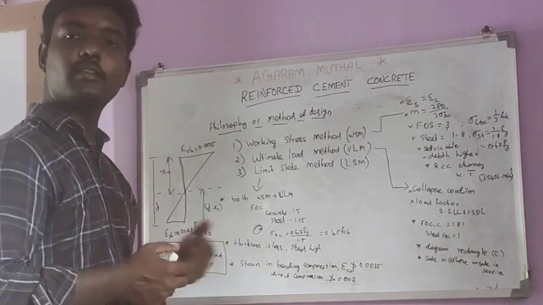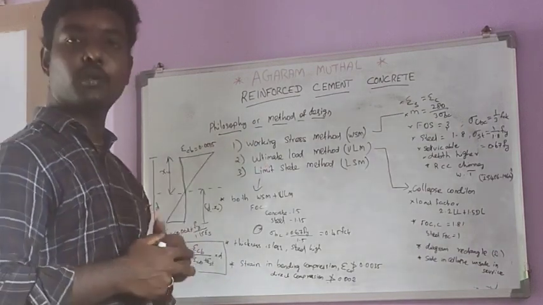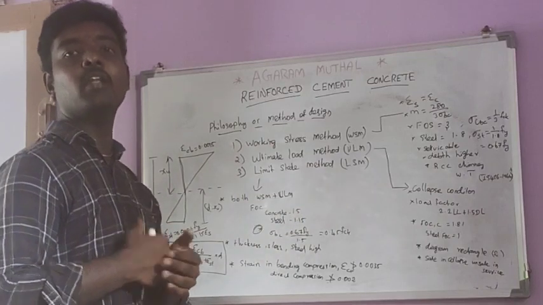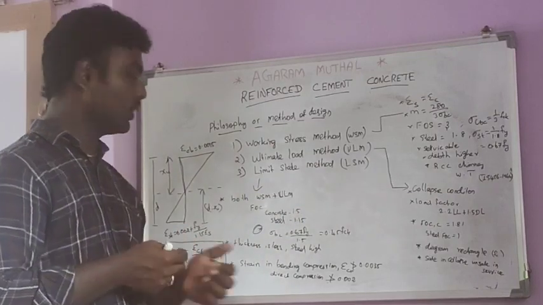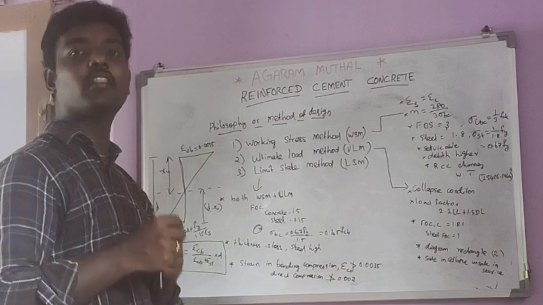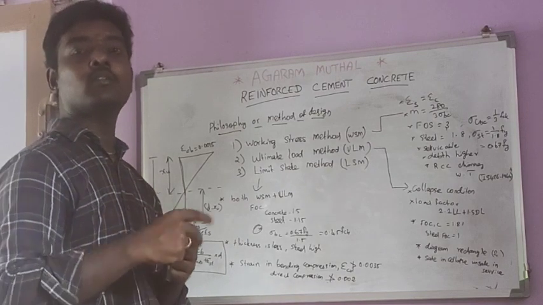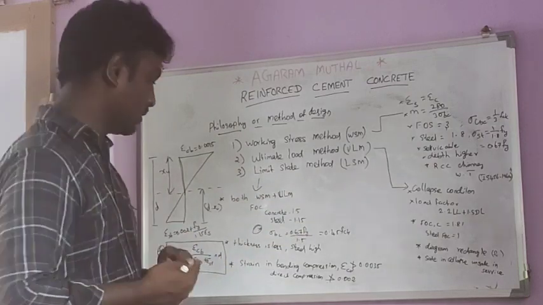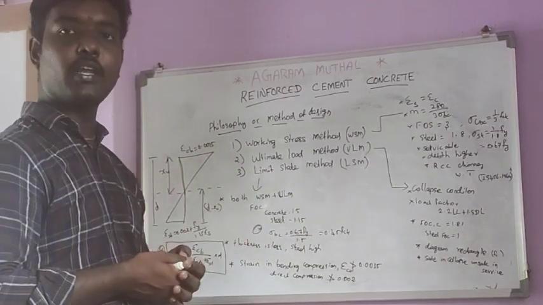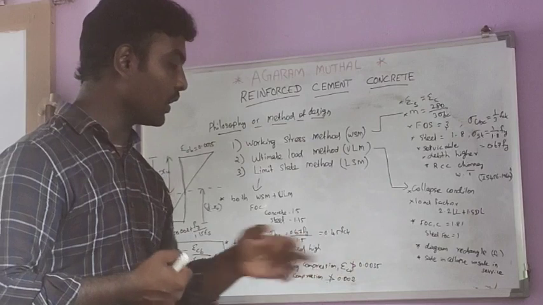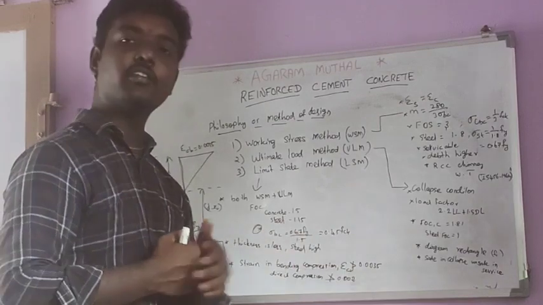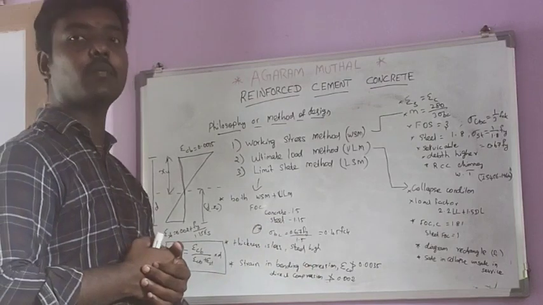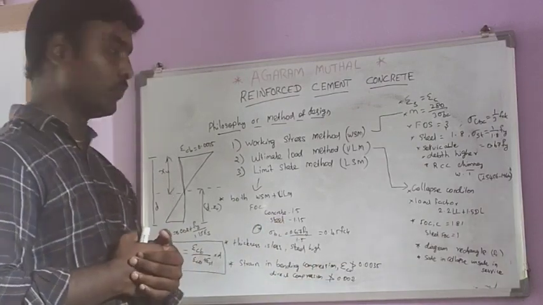And regarding thickness, in the working stress method we saw that the thickness or depth of the structural member is higher. But in the limit state method, the thickness is lesser, though the usage of steel is higher than in the working stress method. The strain in bending compression should not be greater than 0.0035 in the limit state method, and for direct compression it should not be greater than 0.002.